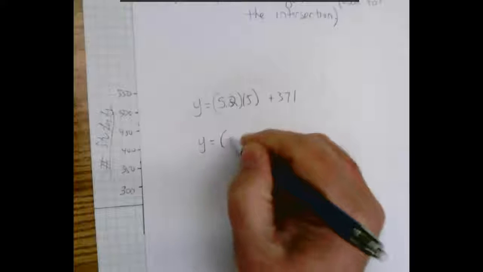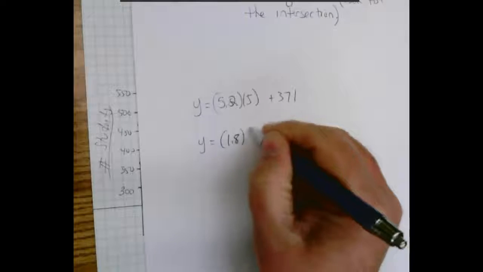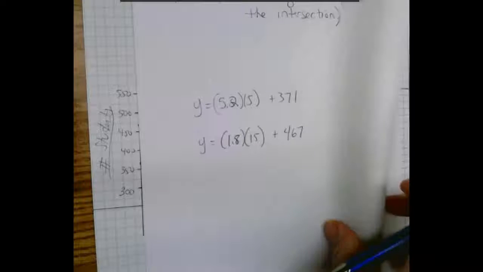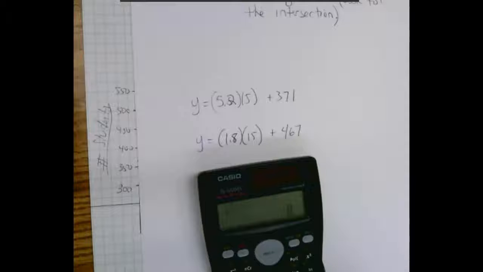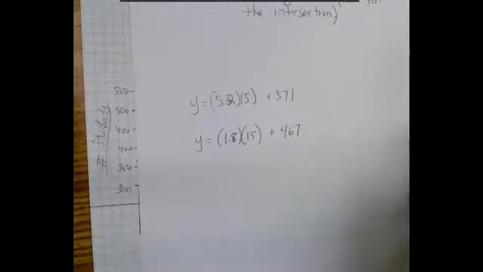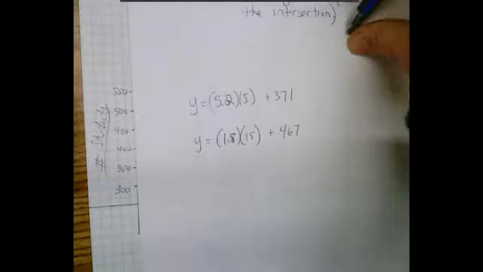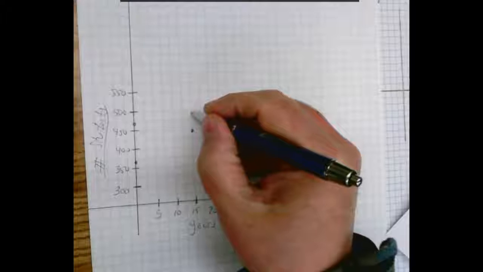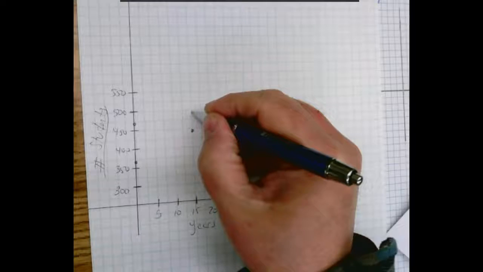Do the other one now. y equals 1.8 times 15 plus 467. Do the math. 27 plus 467 gives us 494. It's almost 500. So somewhere about there.